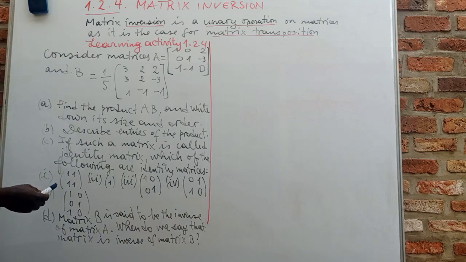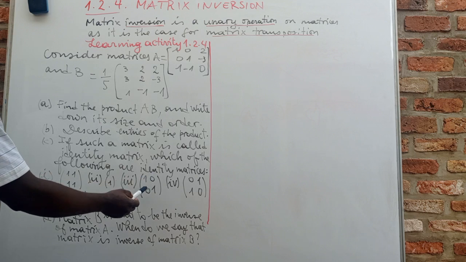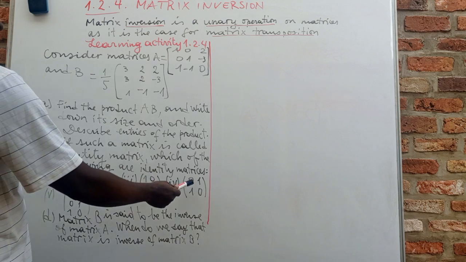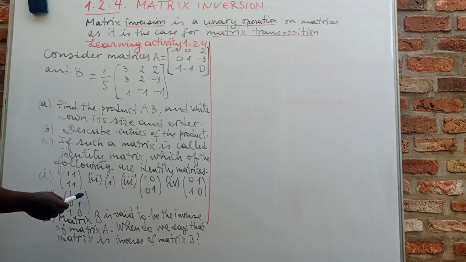We have this one, 1, 1, 1, 1, the next one 1, 0, 0, 1, then 0, 1, 1, 0, and 1, 0, 0, 1, 1, 0.